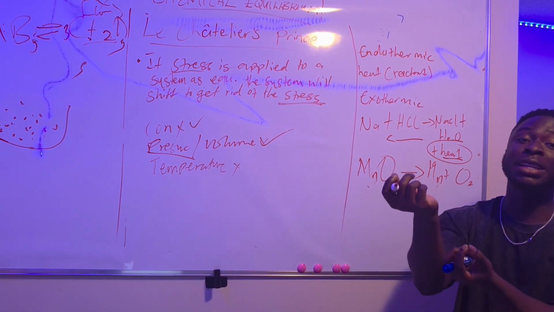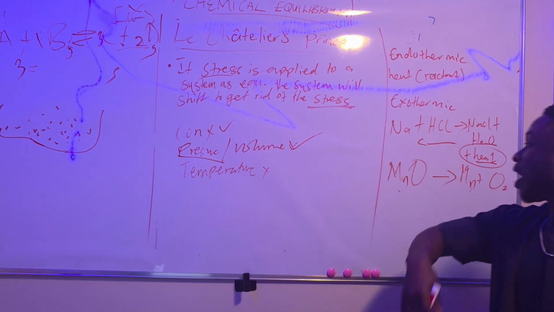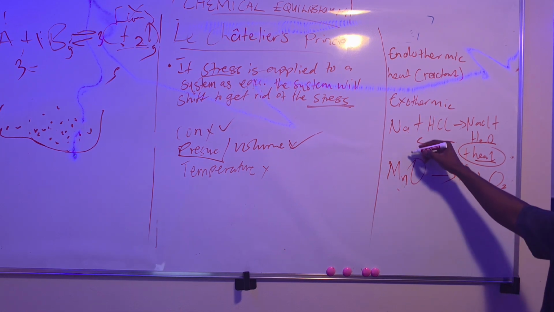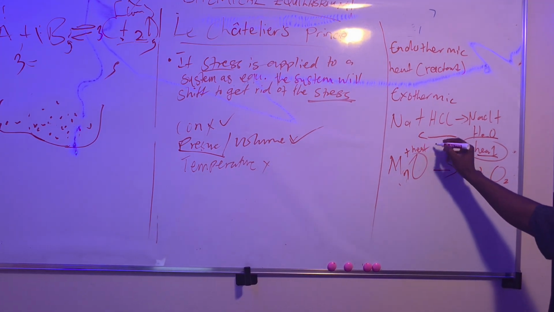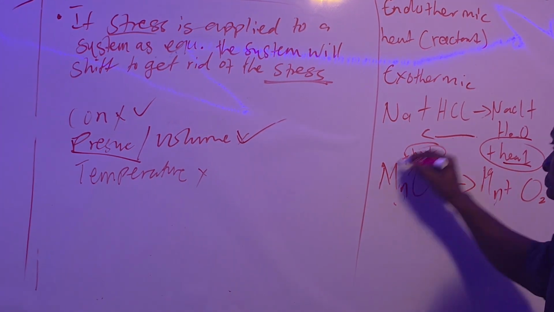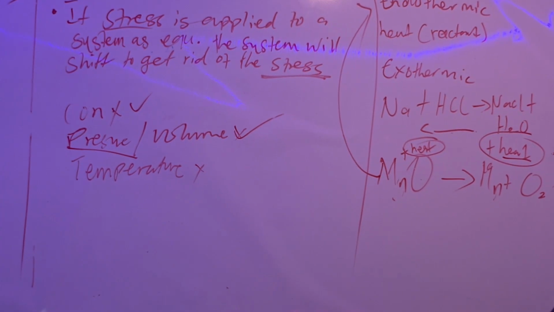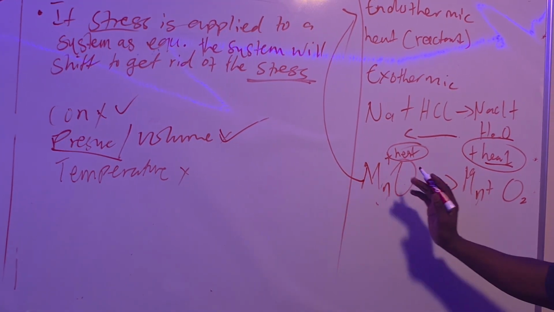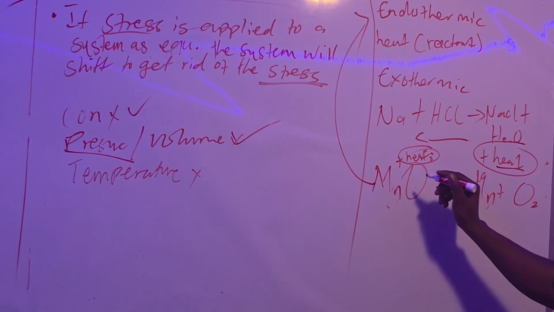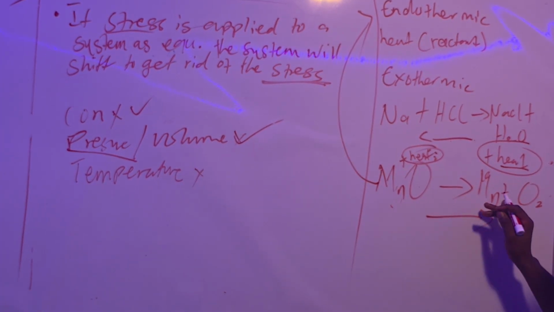Now I need to apply heat, like strike the matches, and heat will be applied. So if I strike the matches and heat gets applied to this system, it means I added heat to this system. That means I've added reactant to the system. If I add reactant to the system, it's going to shift in such a way that it will get rid of the heat. So in this way, the equilibrium will shift to the right for me to produce more magnesium and then oxygen.